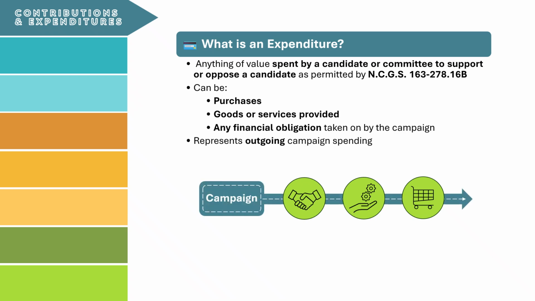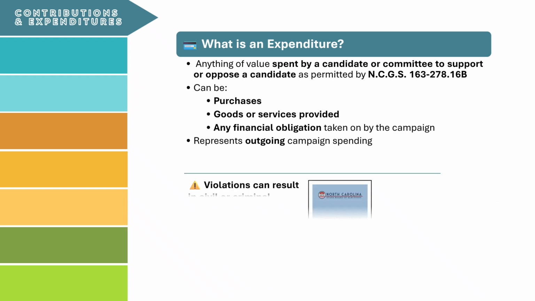Put simply, expenditures are outgoing campaign spending, and if your committee is required to submit disclosure reports, every dollar spent must be reported. North Carolina law strictly limits what campaign funds can be used for, and violations can result in civil or criminal penalties. So be sure to review the current NCSBE Campaign Finance Manual if you have questions about spending your campaign funds.